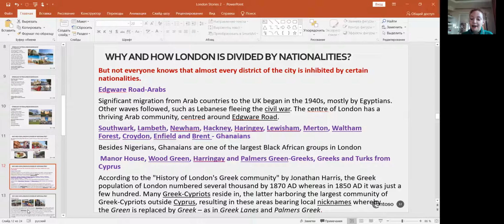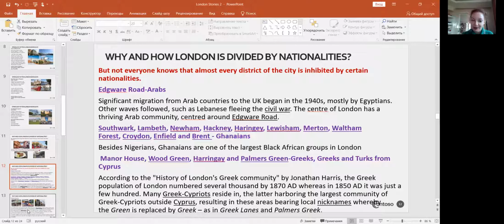Many Greek Cypriots reside in these areas, the latter harboring the largest community of Greek Cypriots outside Cyprus, resulting in these areas bearing local nicknames, whereby the green is replaced by Greek, as in Greek Lanes and Palmers Greek instead of Green Lanes and Palmers Green.